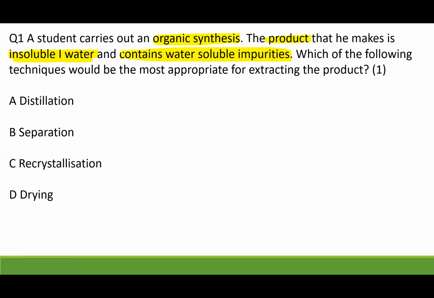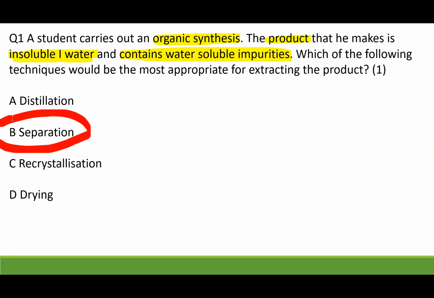It's a multiple choice question, and it asks which of the following techniques would be the most appropriate for extracting this product. Straight away, we've got a product that's insoluble in water but contains water-soluble impurities. So the most logical one would be separation, because we can get rid of those water-soluble impurities really easily using separation.